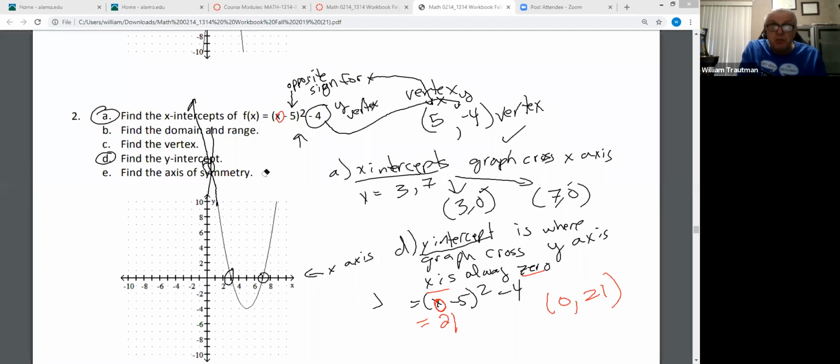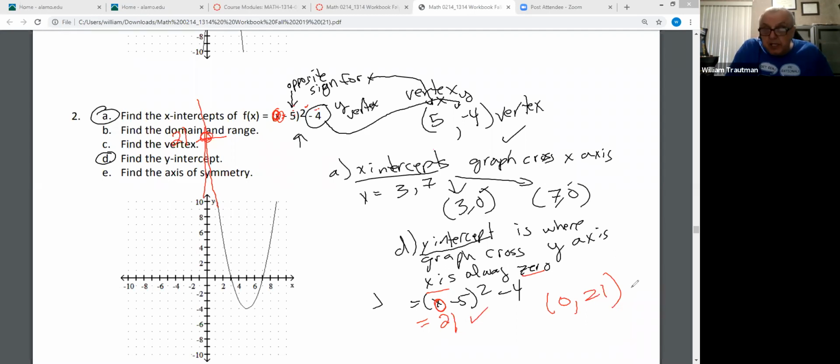Don't forget, we have to remember everything we used already. So if I drew this correctly, this would go up and up and up, and it would finally cross here somewhere at y equals 21, because we put 0 into the equation. 0 minus 5 is -5. -5 squared, -5 times -5, is 25. 25 minus 4 is 21.